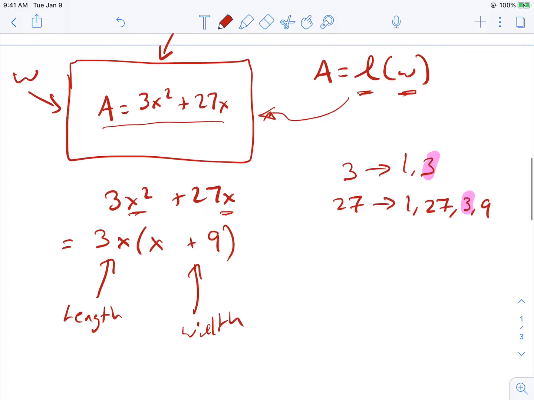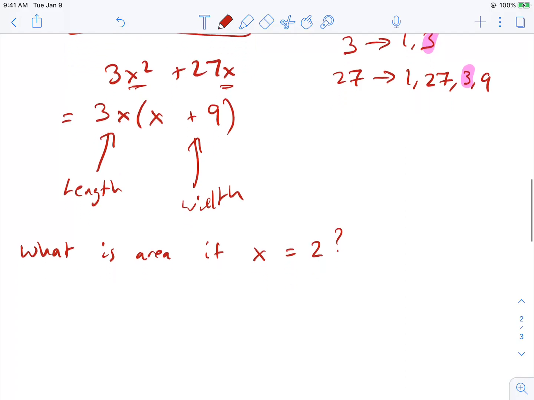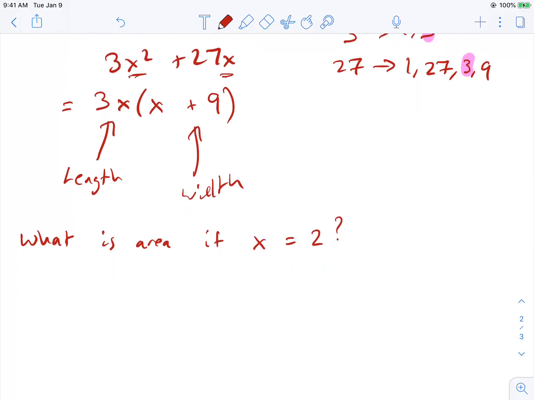And the question might even go further and say, what is the area if x equals 2? Okay? So if that is the case, I know my expression for area is 3x, x plus 9.